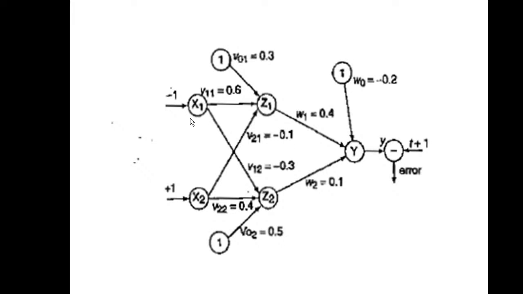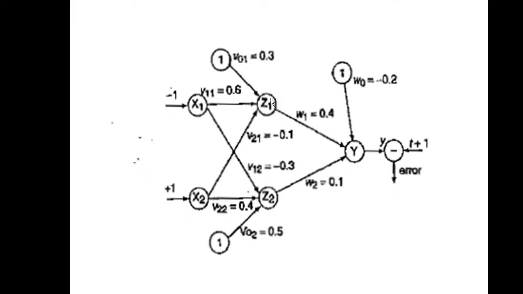Then if you see, there are multiple layers. First this is the input layer, this is the middle layer, and then this is the output layer. The inputs are x1 and x2. x1 is -1 and x2 is +1. From x1 to z1 it is connected by v11, and the weight is 0.6.